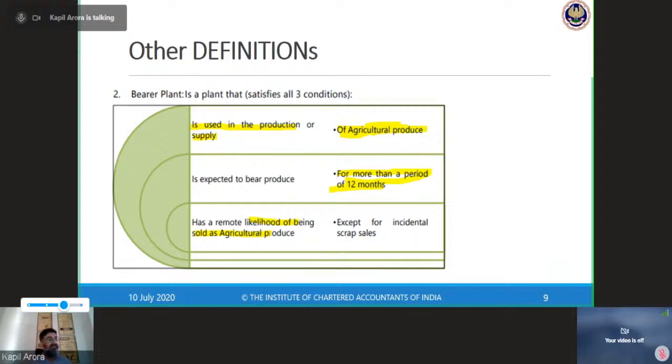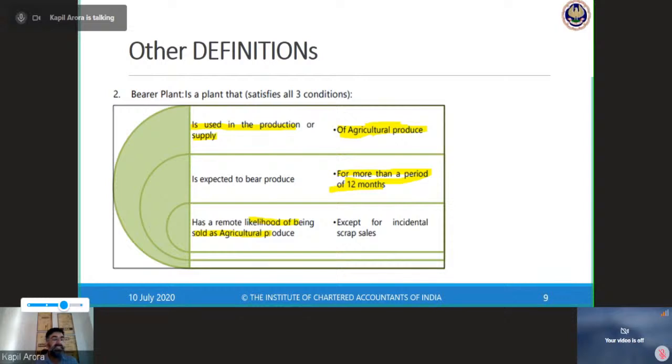And when this is happening, it means that this bearer plant is actually working like machinery, and we are going to treat this as property, plant and equipment.